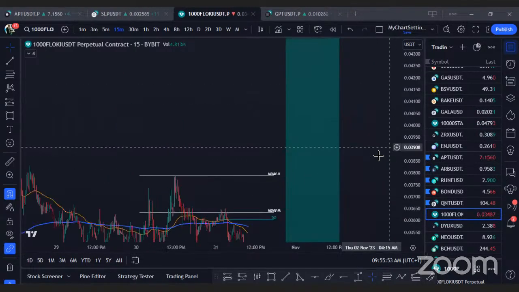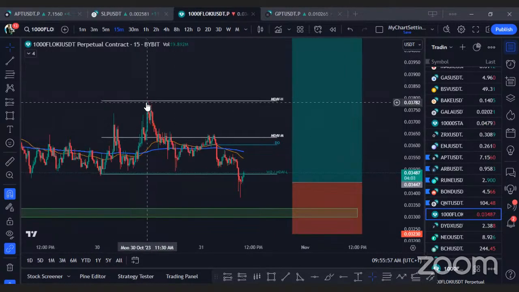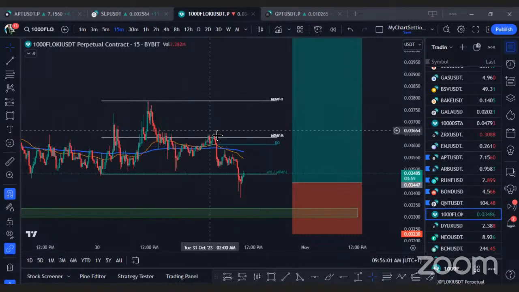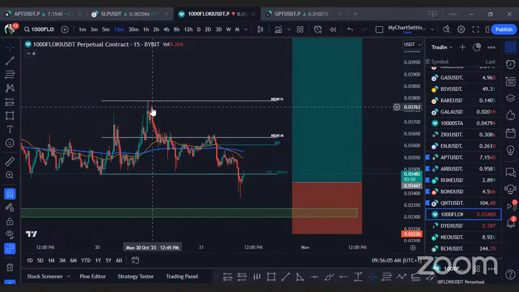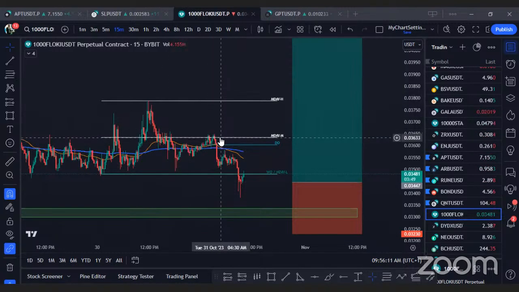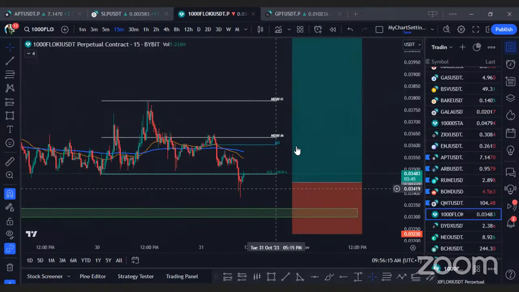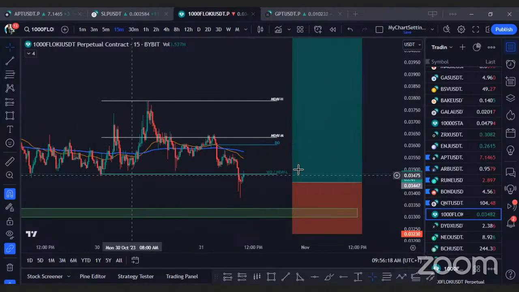For those of you who entered this trade with me yesterday, it was in profit around this area. So we went to 37. Anything at these areas, you should start looking at securing your profit, guys. If we get to 37 again, you can move your stop loss, now that you know how to move stop loss. You can move your stop loss to around 36 to secure, so that in case it comes back down again, you just hit your stop loss and you're out.